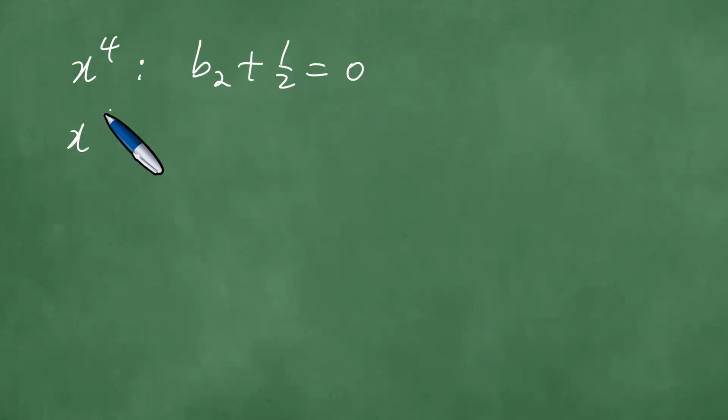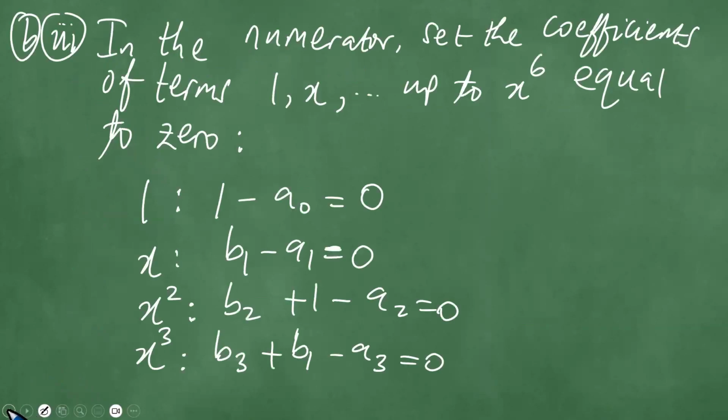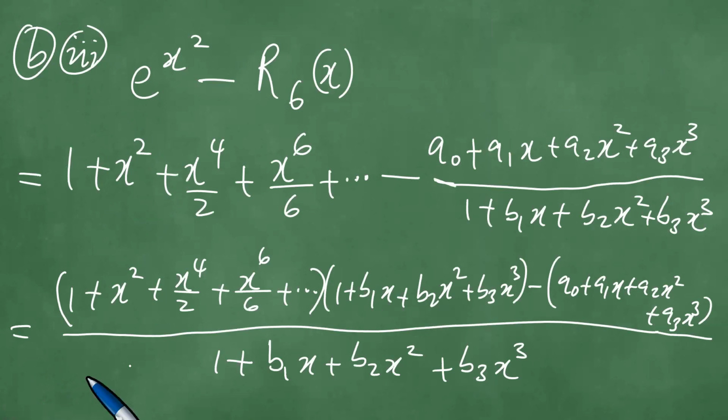X to the fifth power. So x to the fifth power is going to appear in many ways. You can take this x to the fourth power and multiply with b1, and it's going to be x to the fifth power. Another x to the fifth power is going to be b3 and x squared with x cubed.